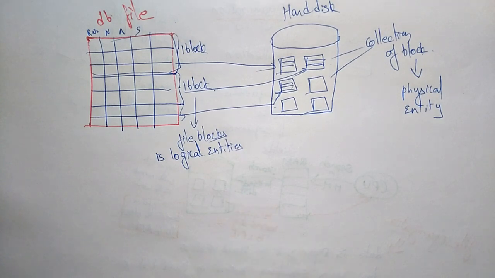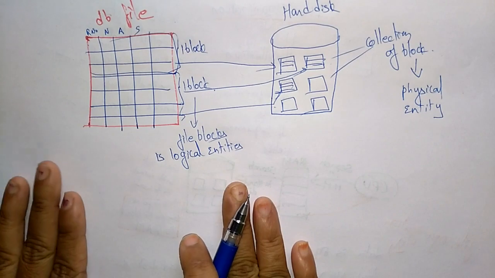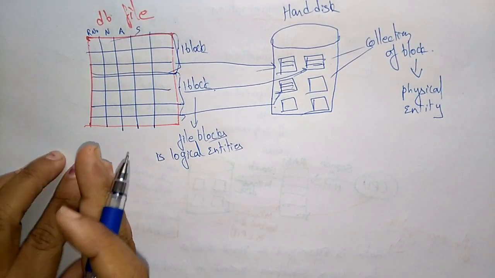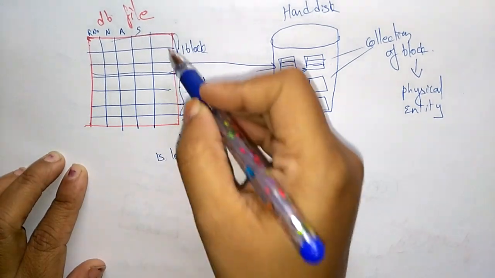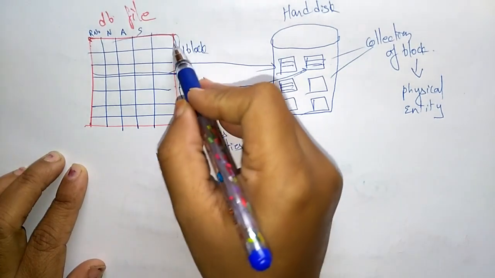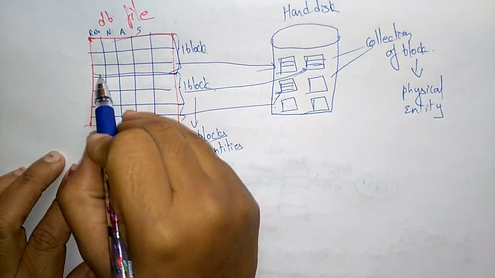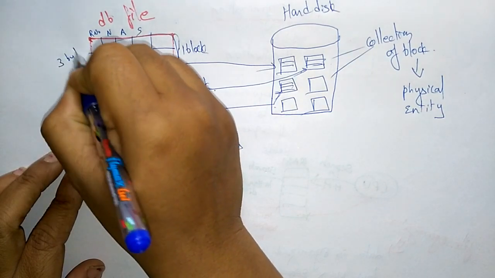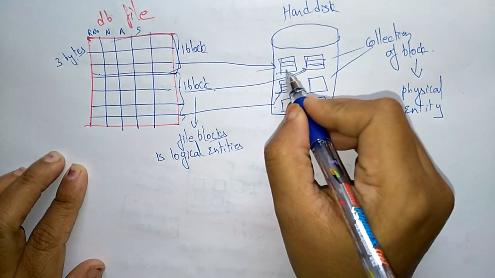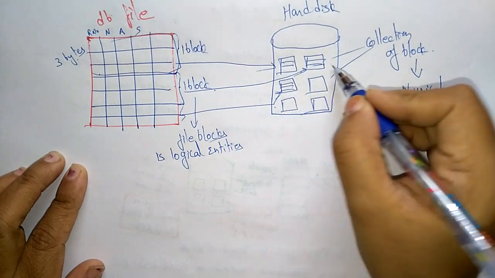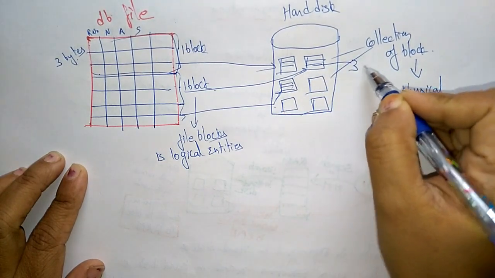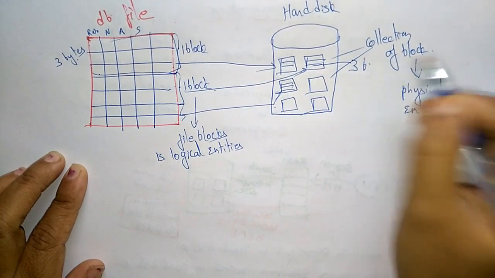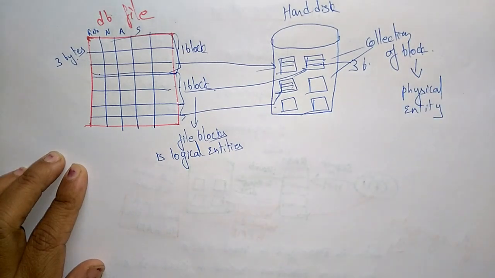So this is the general concept of how the database is divided into different blocks. Each block consists of a set of records. Here I have taken 3 records per block; otherwise each block in the hard disk may contain more than 3.